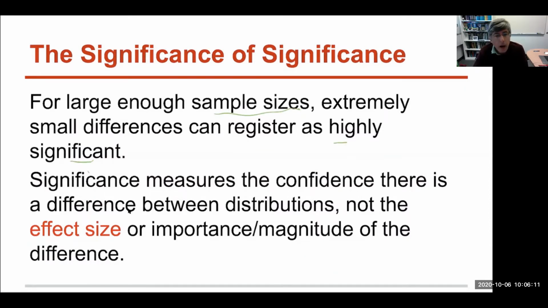Significance measures the confidence that there is a difference between two distributions. It doesn't tell you about the importance of the difference. It just tells you that there is a difference, and how much you should believe that there's a difference.